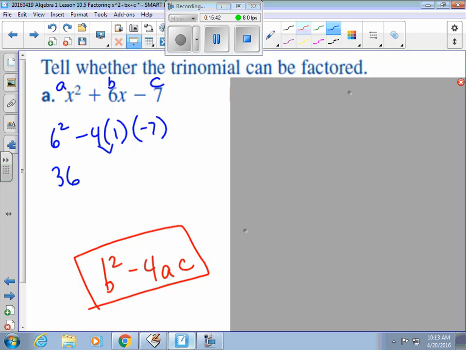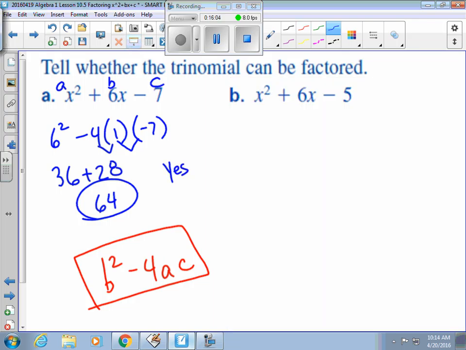Negative 4 times negative 7 is going to be positive 28. So when we put these two numbers together, 36 plus 28 is 64. Is this a perfect square? Yes. So since it's a perfect square, yes, it can be factored.